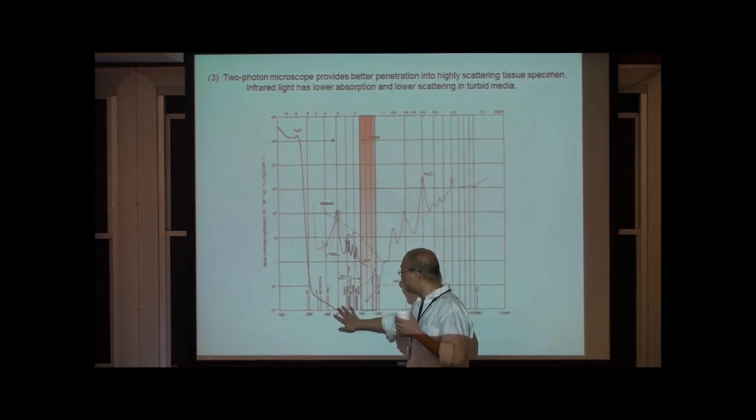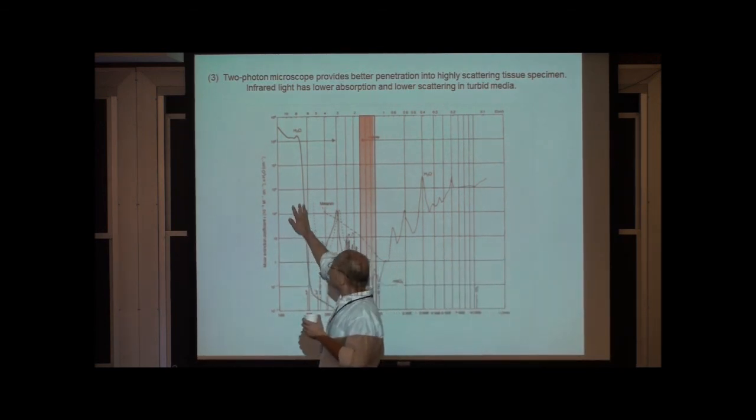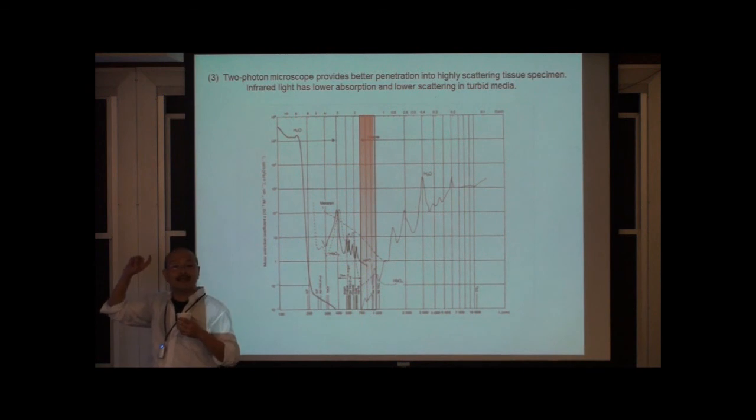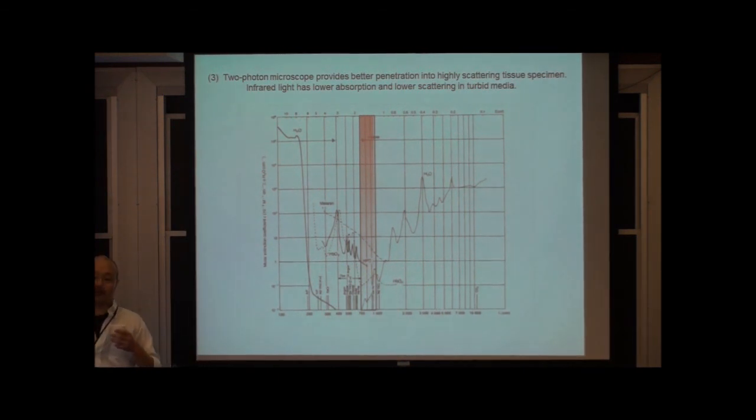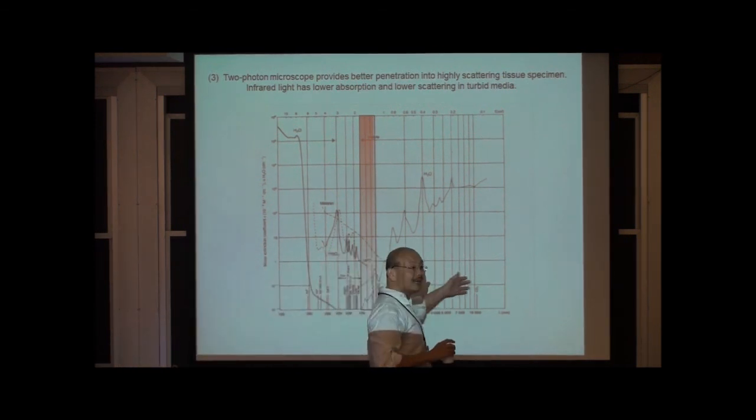This is about 500 nanometers, the visible light region. This is far infrared. If you go down to the UV range, you see that there is very strong tissue absorption by proteins and water. If you go to the long wavelength region, the far infrared region, you see that the water absorption is quite strong.